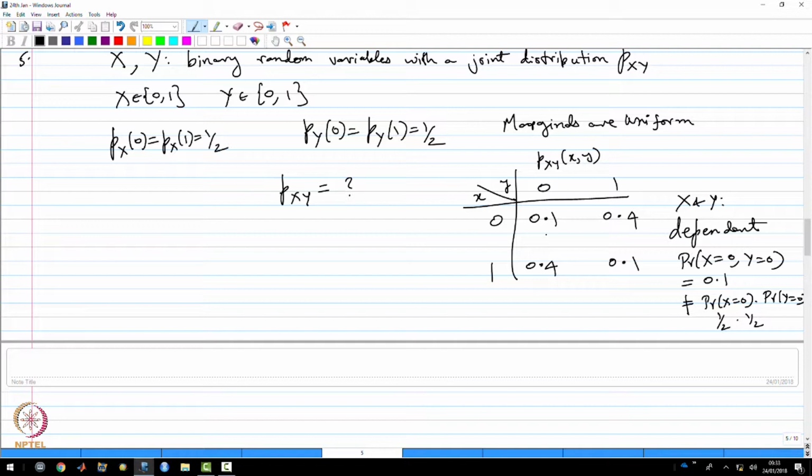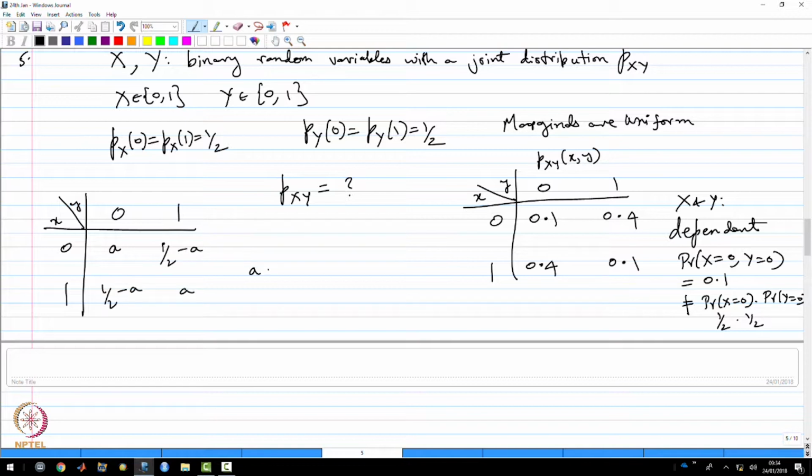In fact, this is not the only joint distribution for which this is true. You can have any other joint distribution. For instance, for x and y being 0, 1, 0, 1, I can take this value to be some a, and put half minus a here, half minus a here, and a here.